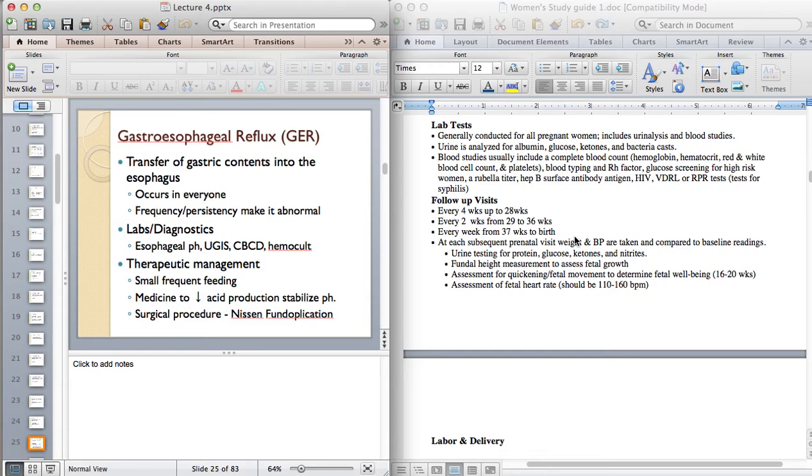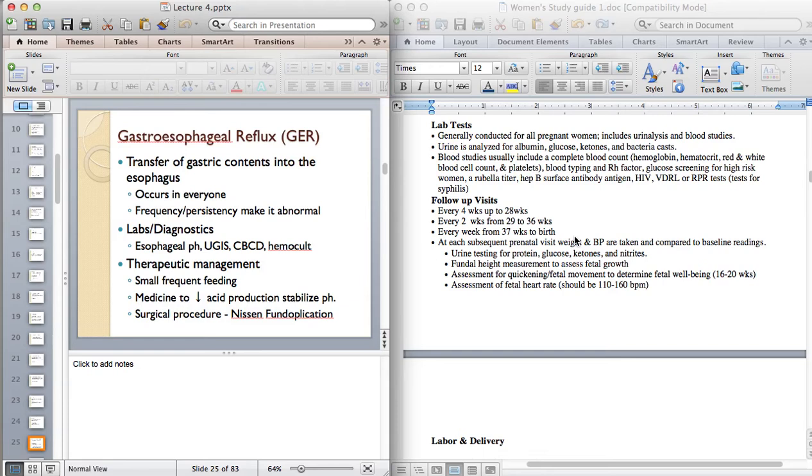And how do we know? Well, we notice that that child is vomiting, and mom will also tell you by the history that you get from her. For the diagnostic workup, we can do an esophageal pH, where we put the probe and measure the pH level.